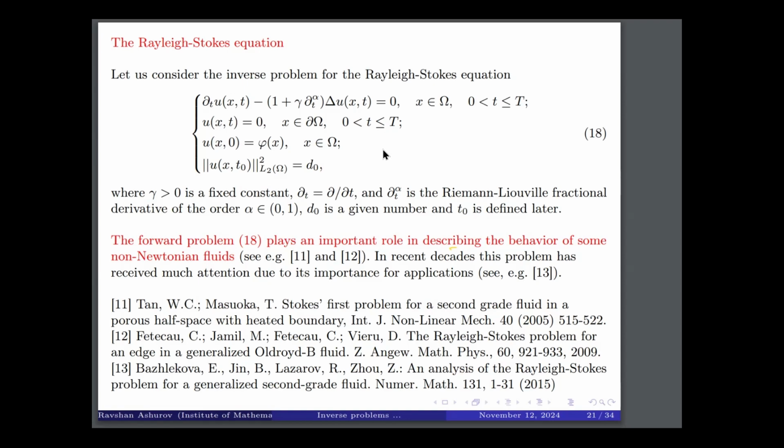That's why we wanted to find out whether we can find this alpha derivative here. This is the Riemann-Liouville derivative. Alpha is between 0 and 1, and T0 is some point from this domain. We should take this point large enough. So we investigated this inverse problem.